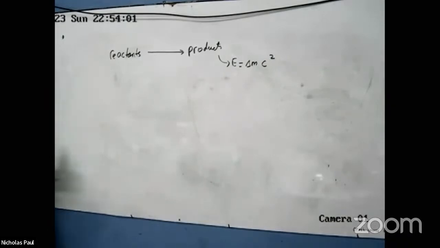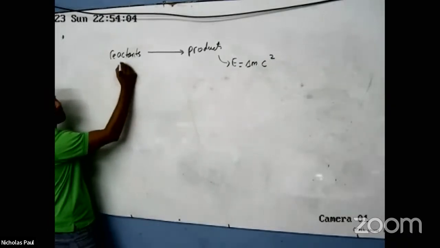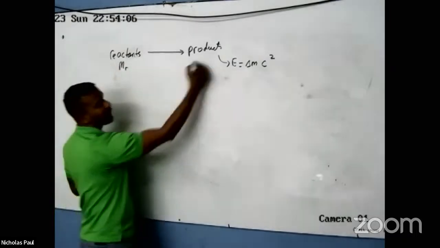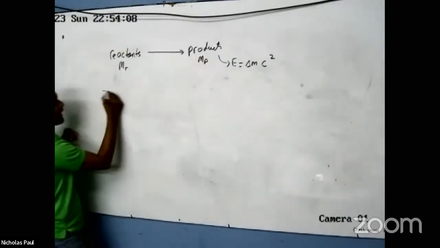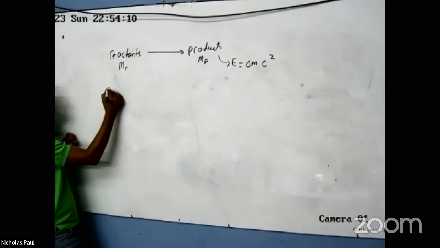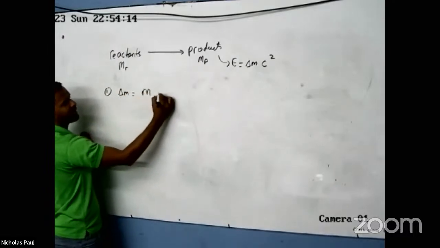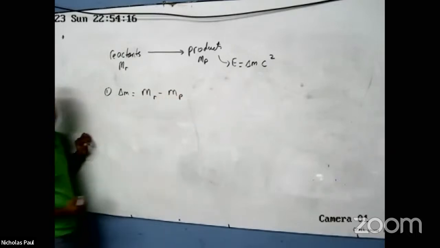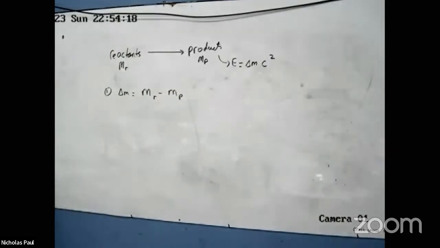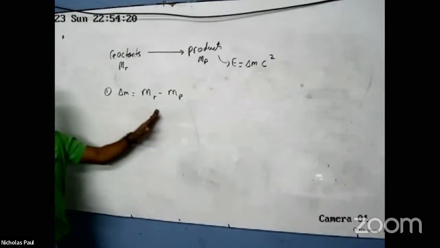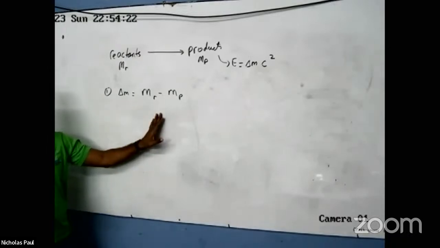To find that energy, all we have to do is find the mass of the reactants, the mass of the products, and subtract them. So your first step is to find the change in mass. That's the mass of your reactants minus the mass of the products. Okay with that? Problem is that this is sometimes in u, atomic mass.